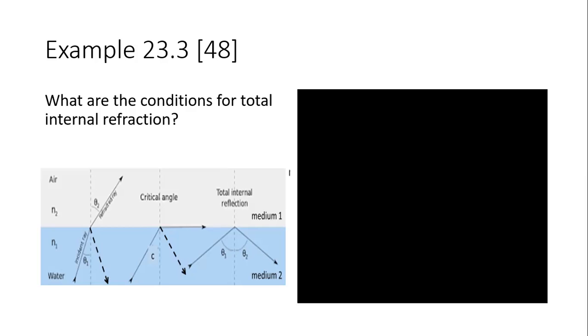Angle of refraction is greater than angle of incidence? No, that's not the condition. Both angles are the same? No, this is your SPM work.